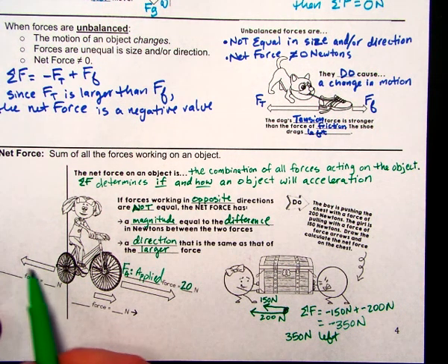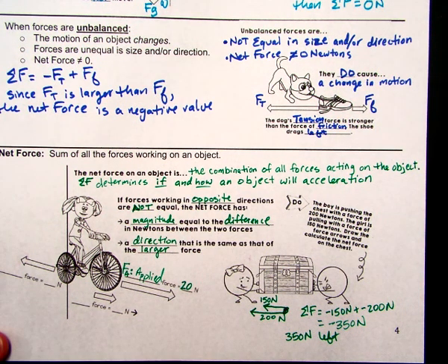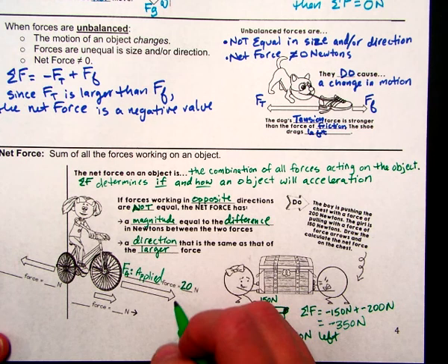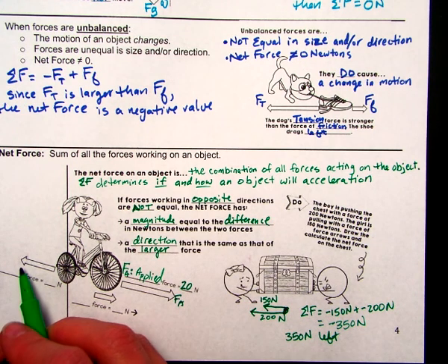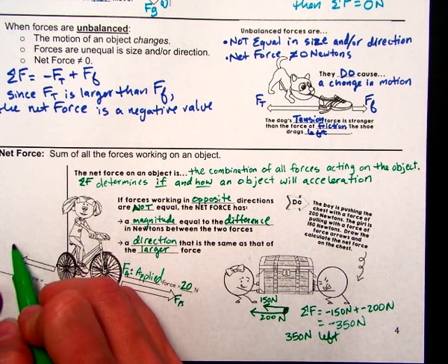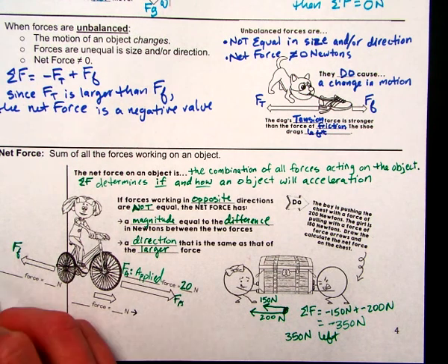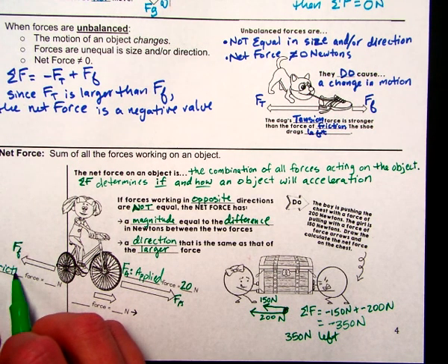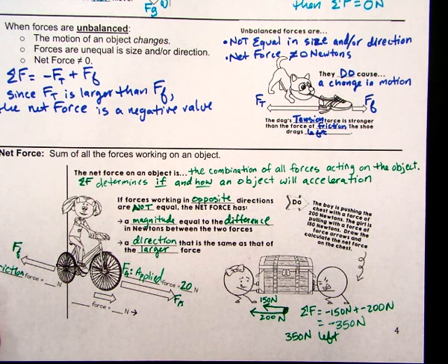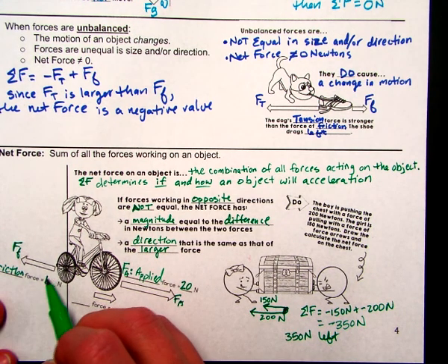And then what is this force over here? The friction force, you bet. FF is friction. So our friction force, we're going to let that be 15 newtons.